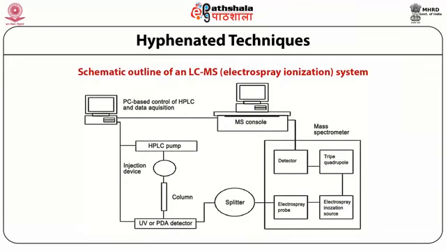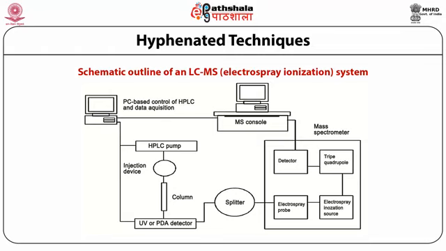Another hyphenated technique shown here is LCMS. It is representative of even UPLCMS, where LC and UPLC differ only in the size of the particles in the column. We have an HPLC column or a UPLC column onto which we inject the sample, and the sample gets eluted under the influence of a mixture of solvents from the HPLC pumps.